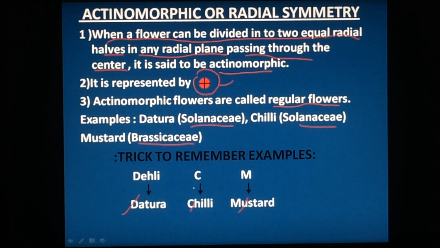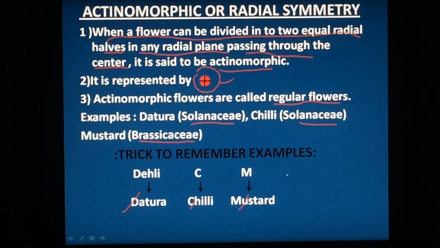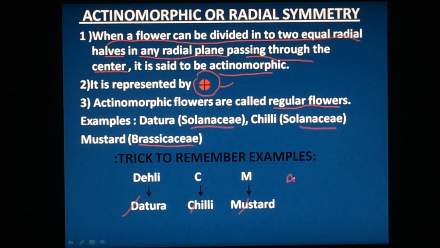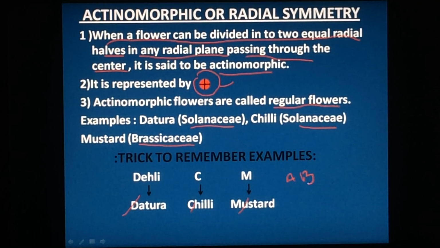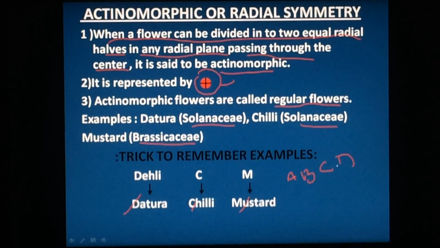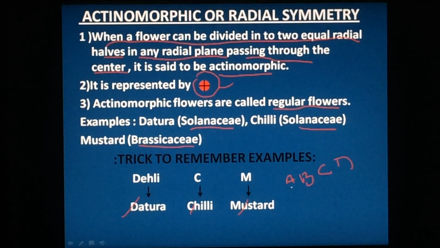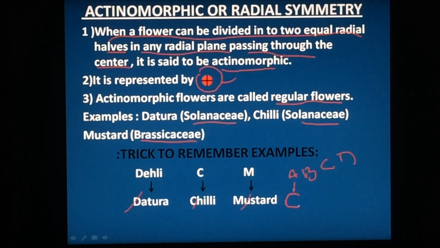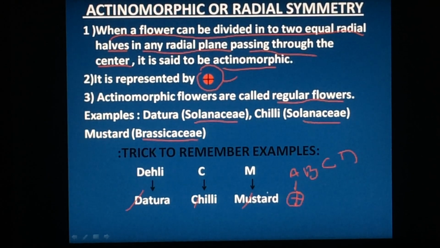One more trick you can use here. A, B, C, D. What is A? A is actinomorphic.